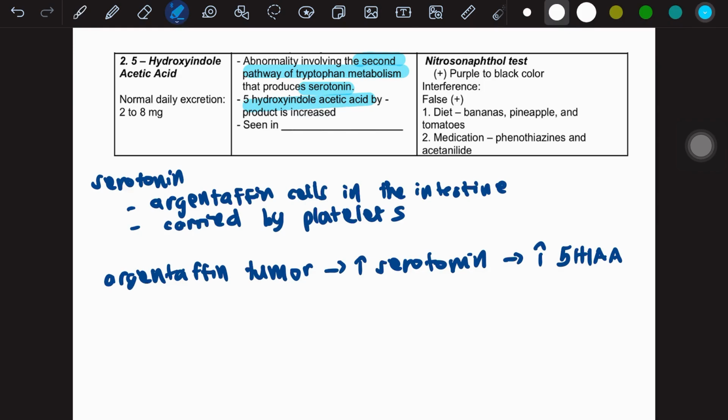So what is the normal daily excretion of 5-hydroxyindole acetic acid? That is 2 to 8 mg.